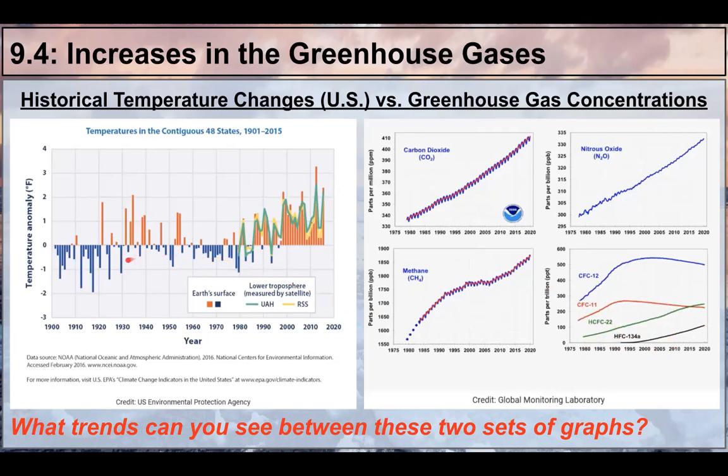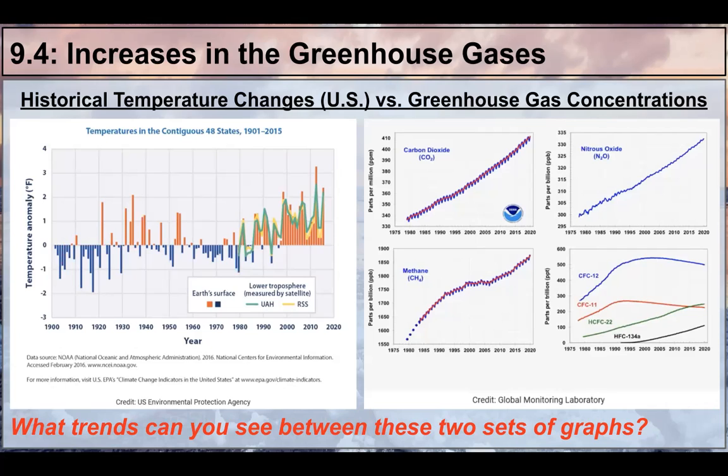Okay, so over here we can see a bit of data in reference to temperature. Okay, so this has been the average temperature. That's what this line is referring to over the past century plus.